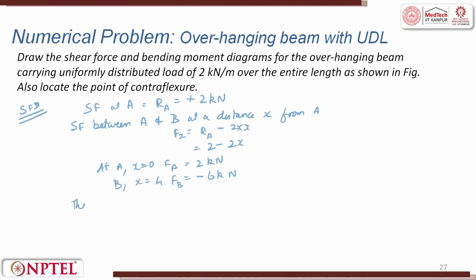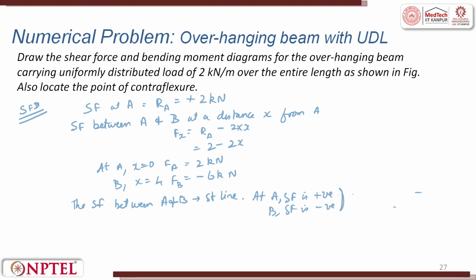So, the SF between A and B will be a straight line, and at A SF is positive and at B SF is negative.